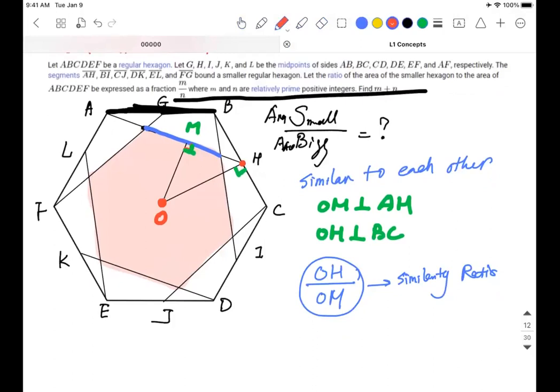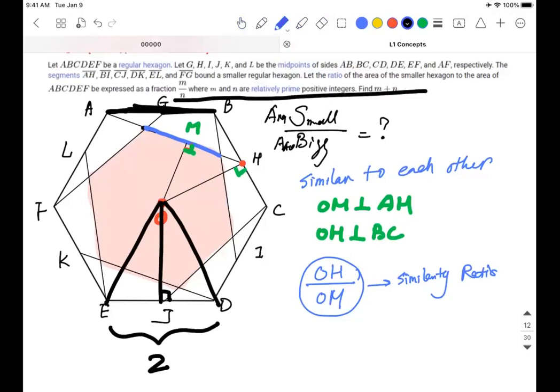For OH, I think that's easy. I'm going to make a connection here, here, and here. Let's say for the outer regular hexagon, the side is 2. So this is 1, right? Just to make my life easier. So OH is going to be equal to OJ.